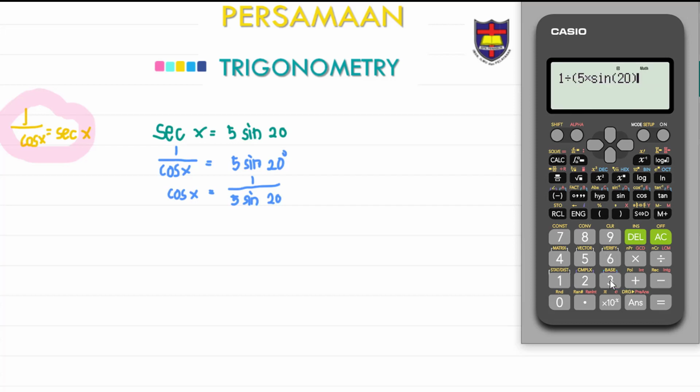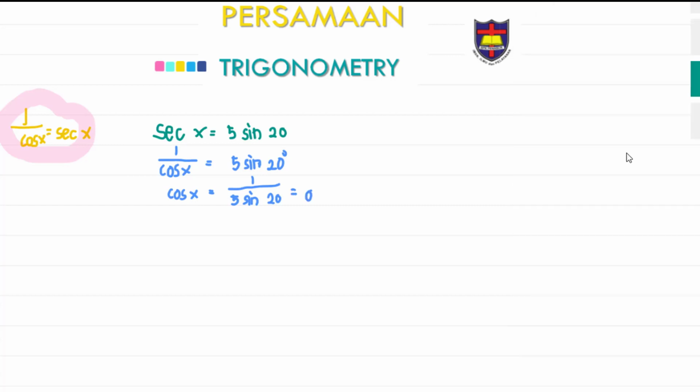Here we choose 3 and it is already in D symbol for degree. And we can just calculate and get the answer 0.585, and we can put it here as 0.5847 first.